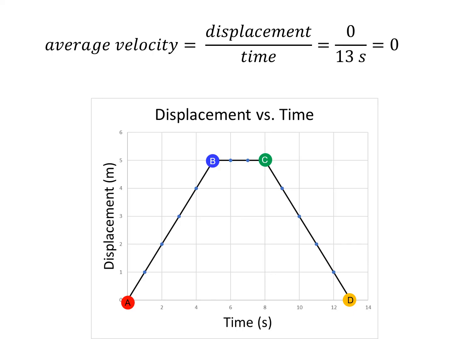So even though the car moved and went somewhere, if you look at the average velocity over the entire trip, because velocity is a vector value and includes direction, and it ended up back where it started, the average velocity would be 0. Sometimes things that you calculate really aren't very useful, but you have to pay attention to what the question asks.